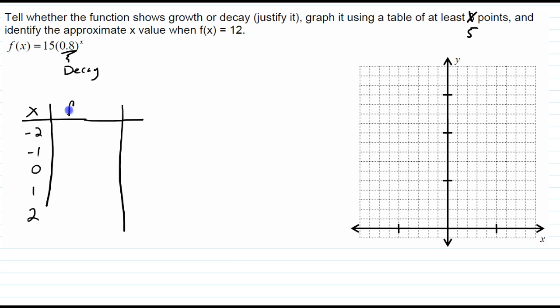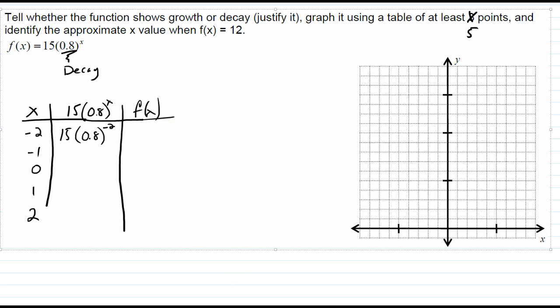We're going to actually have our function written here, 15 times 0.8 to the x, and then this will give us our output. That way you can see where these numbers are coming from. So 15 times 0.8 to the -2 power.